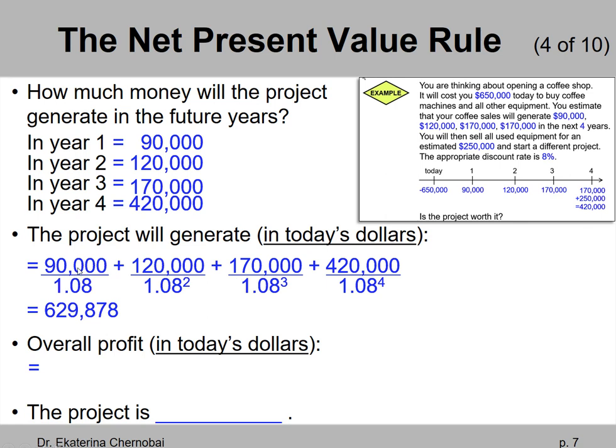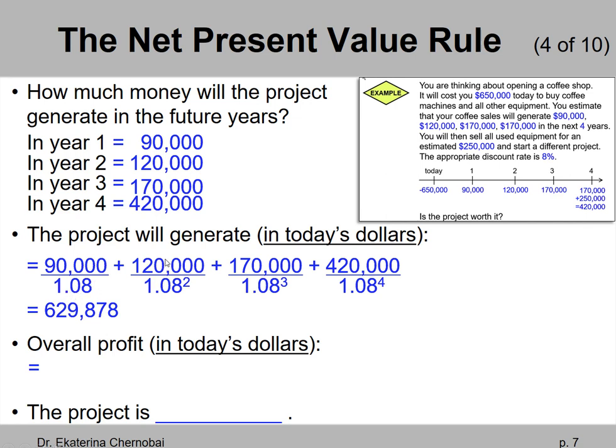So for example, the first year profit of $90,000 is worth a little bit less than that today. It's discounted, and we discount it by dividing 90,000 by 1 plus the 8% discount rate, which is given. So we can just divide by 1.08 for simplicity.